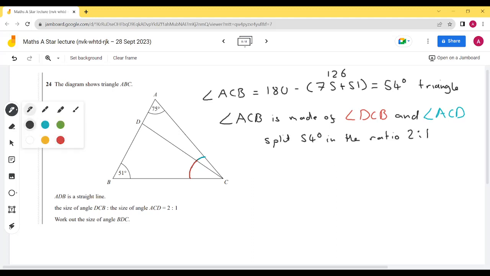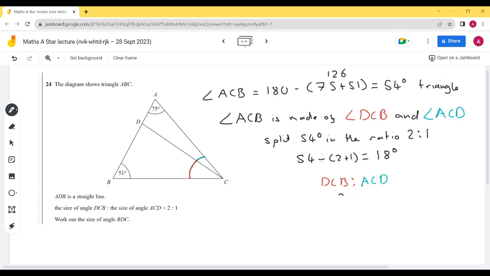And so we can do that. Remember, to split something in a ratio, we just do 54 divided by the number of parts. So 2 plus 1, or 54 divided by 3, equals 18 degrees. And so therefore we've got DCB to ACD, which was in a ratio 2 to 1.